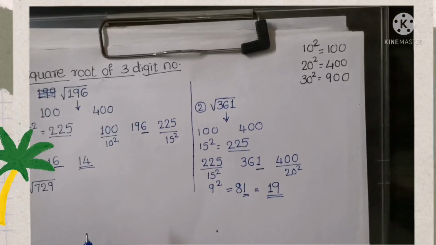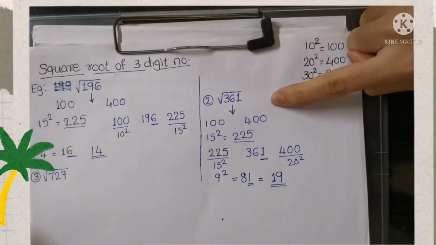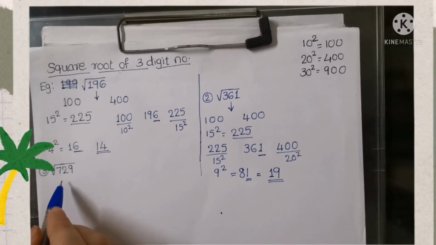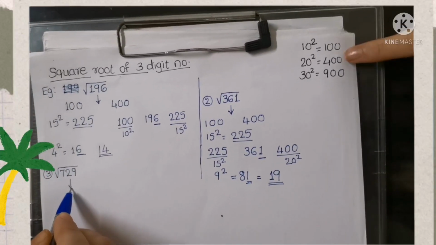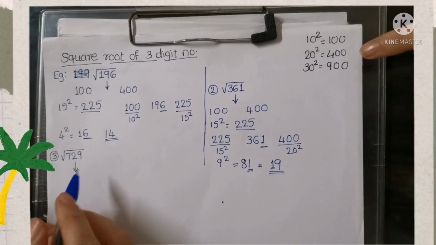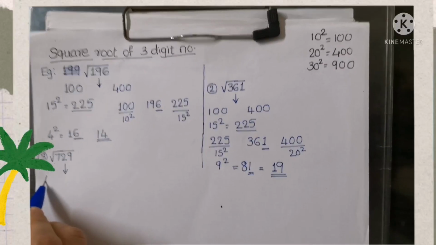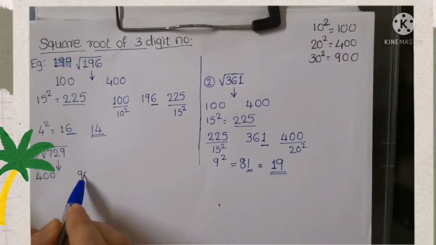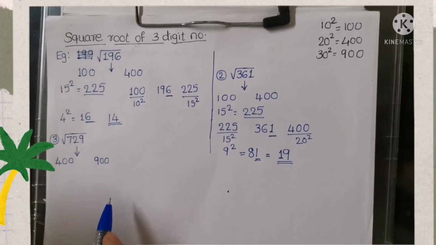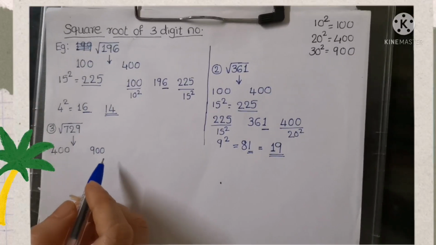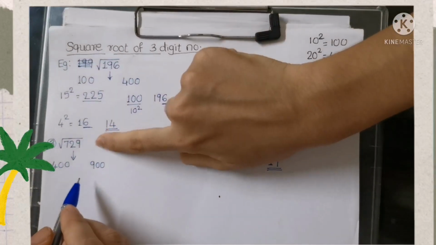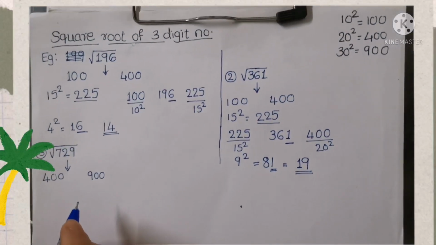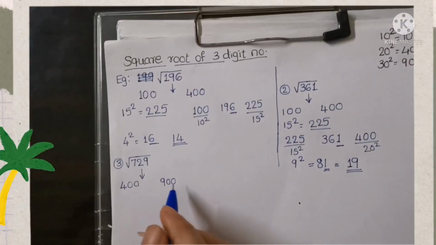As we have seen in example 1 and example 2, firstly we have to see which of these squares the number lies between. 729 lies between 400 and 900, which is the square of 20 and 30. So this time we have to find the square of 25 because it lies between 20 and 30.